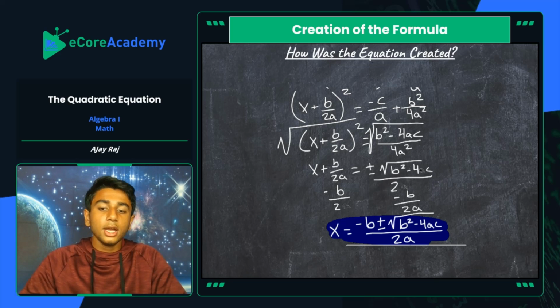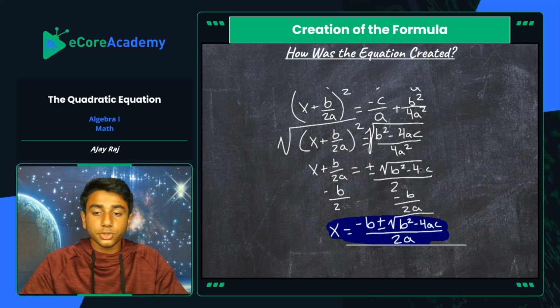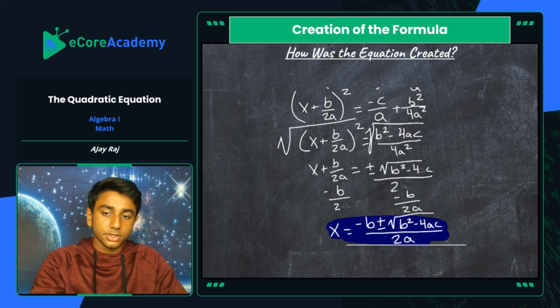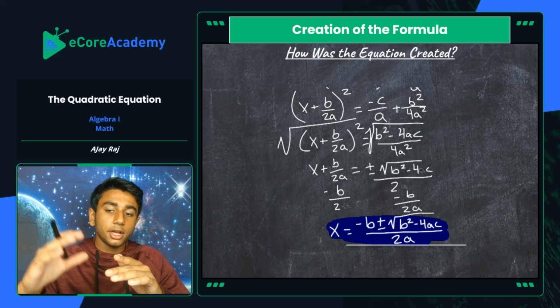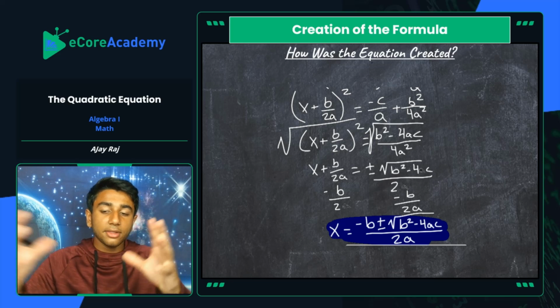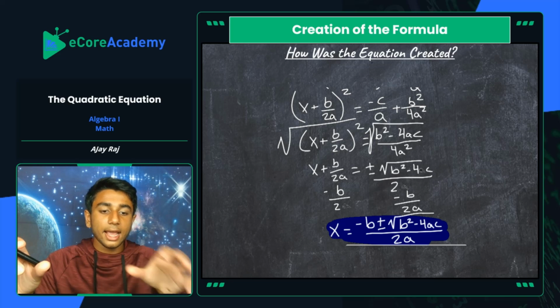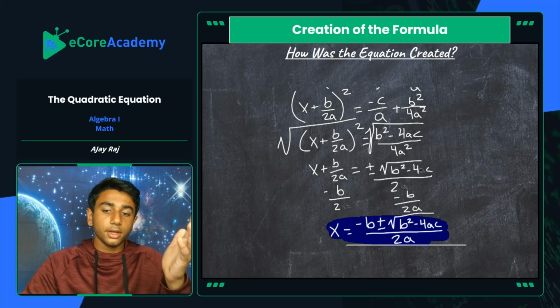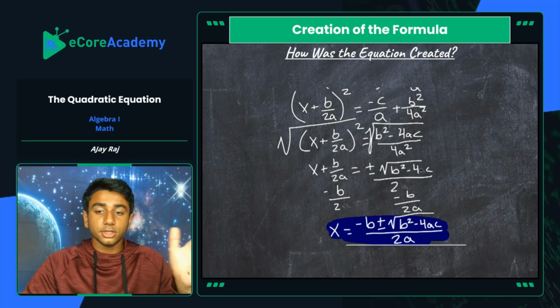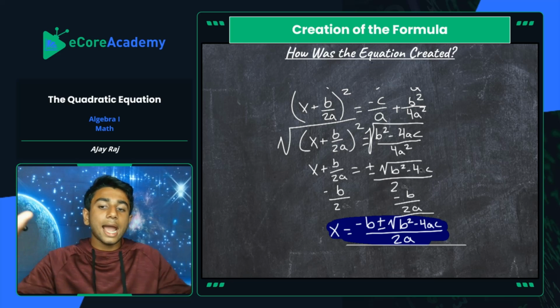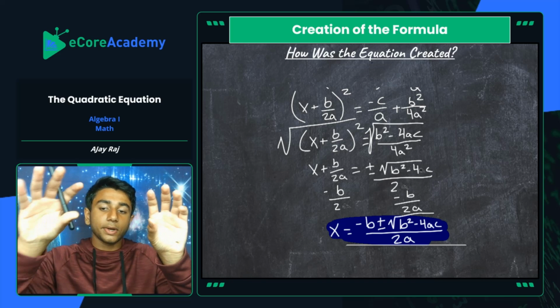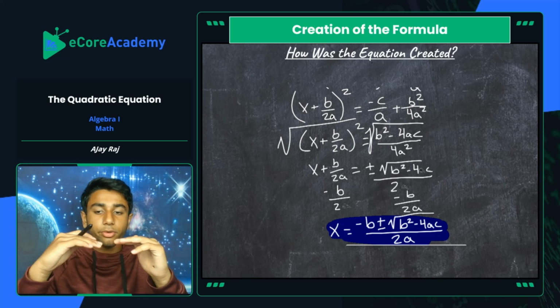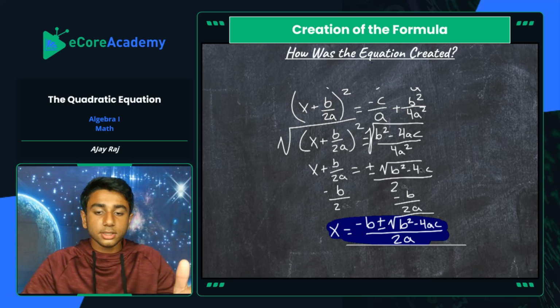That's equivalent to the square root of b squared minus 4ac over 4a squared, because if you take negative c over a plus b squared over 4a squared, the common denominator there is 4a squared, so you multiply the negative c by 4a to make that even. You add the numerators together, b squared minus 4ac, over your common denominator of 4a squared. So then you square root that, and on the left-hand side, x plus b over 2a.